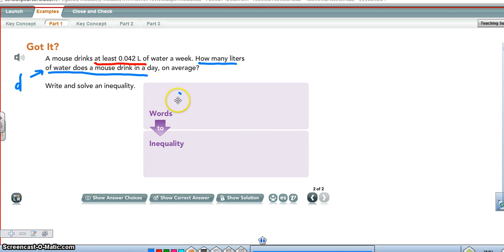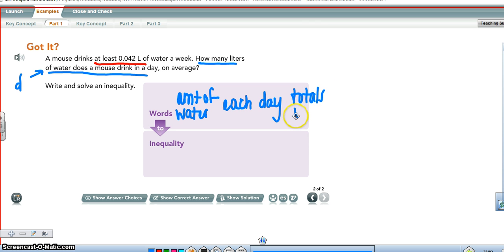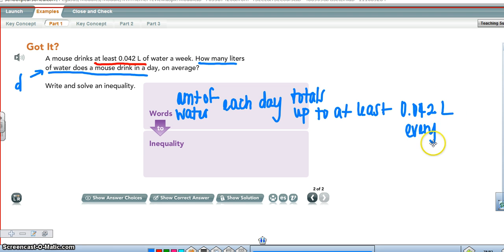So the amount of water each day totals up to at least 0.042 liters every week.